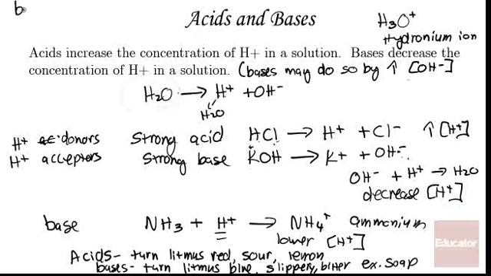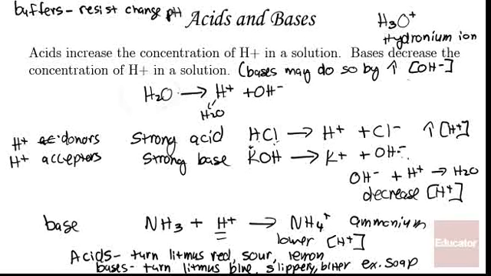Buffers are very important in organisms because buffers resist the change in pH. If you added hydrochloric acid to a solution, the solution is going to become more acidic. If you add hydrochloric acid plus a buffer, the acidity will change less than if you just added the hydrochloric acid alone.